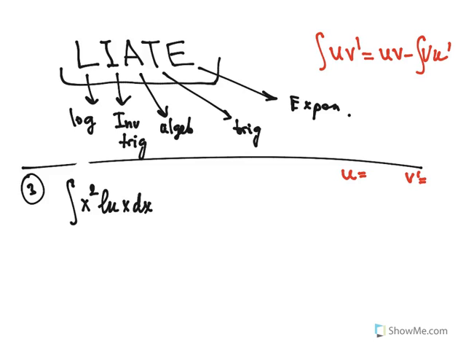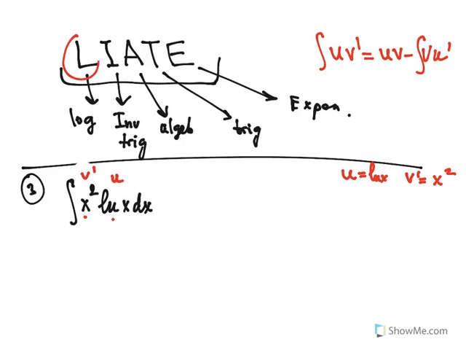So which one is easy to integrate? This one. Which one is easy to differentiate? This one. So then this is going to be u, and this is going to be v prime. So I'm going to write here u equals ln x, and v prime equals x squared.